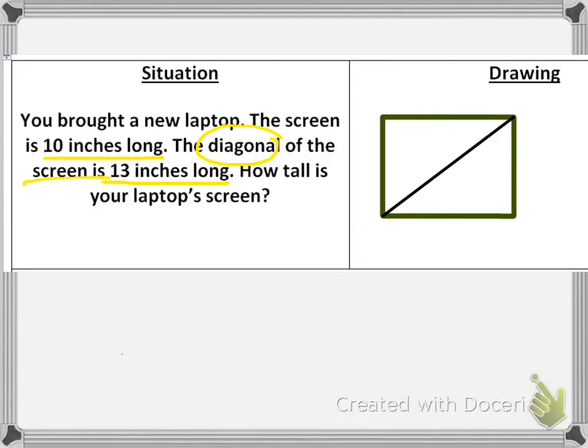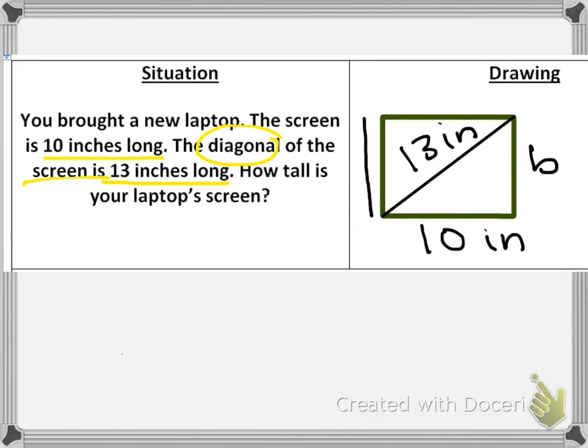It says the screen is 10 inches long, so we got 10 here, 10 inches. And then the diagonal of the screen is 13 inches. And we're trying to find how tall it is, so we're trying to find its height. I'm going to put down a variable. If it's unknown, why not put down a b?